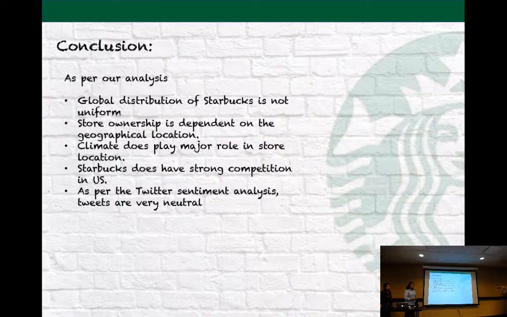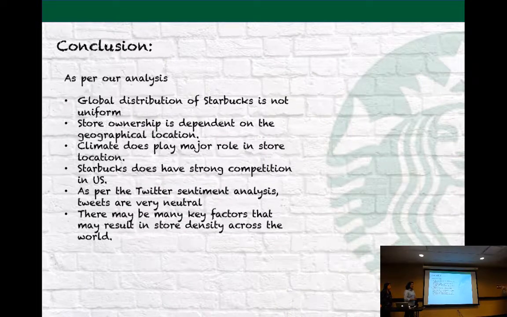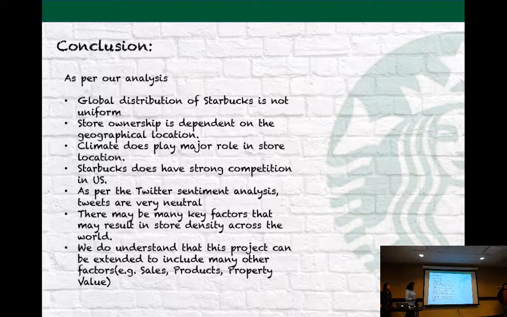Our analysis has not stopped here, because we know that there are many key factors which may affect store density across the world. So we will keep doing this project. We will try to collect the data and keep grinding until we brew one more cup of analysis. Thank you.